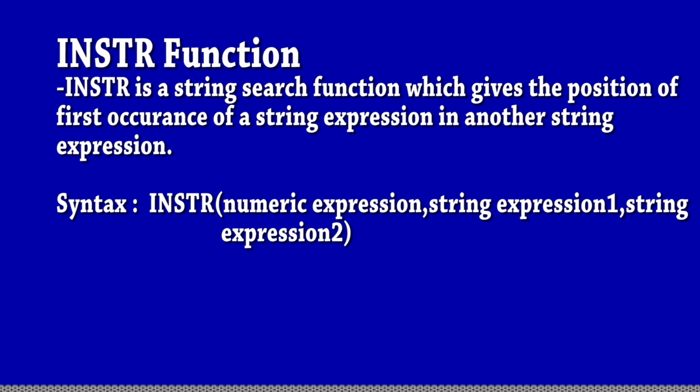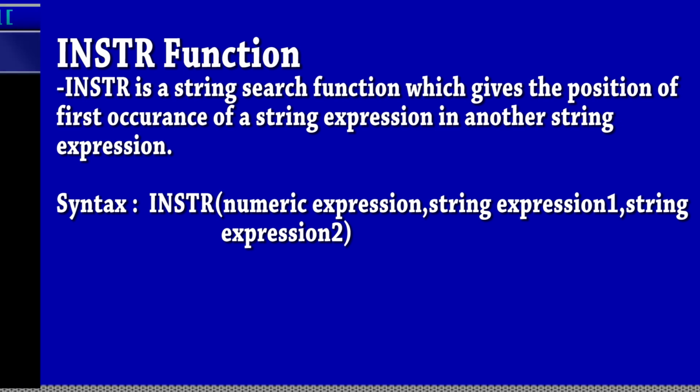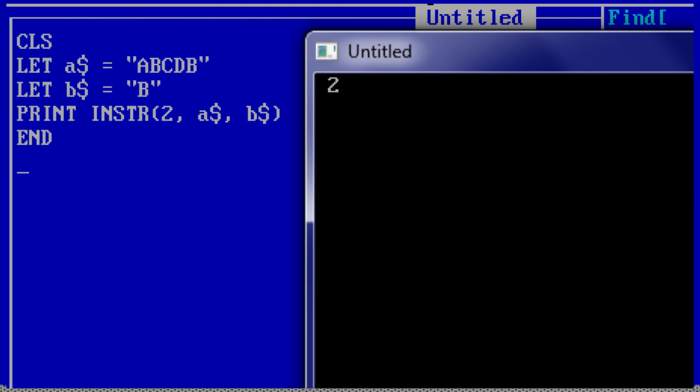One string expression searches for its string in another string expression, according to a numeric expression. You can see an example. So here you can see A$ equal to ABCDB. Here B$ equal to B. Then in this function INSTR, where is B in ABCDB?